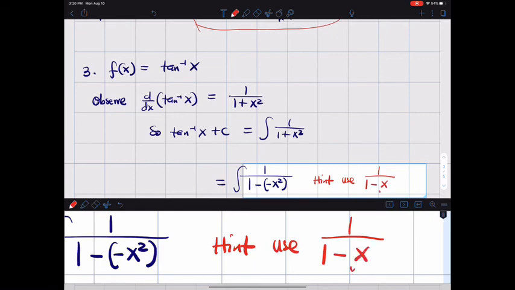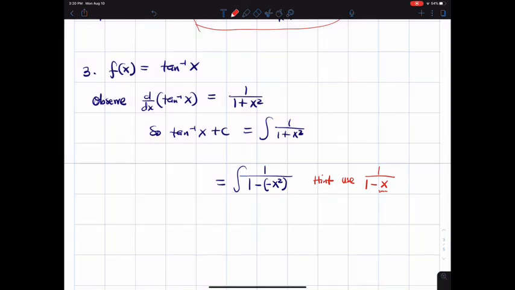But instead of using x there, you now replace it with negative x squared, and then simplify it as a series, as a summation, and then take its integral. Okay, all right? So I want you to think about this.